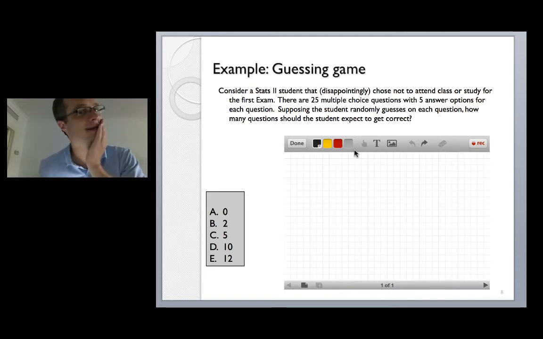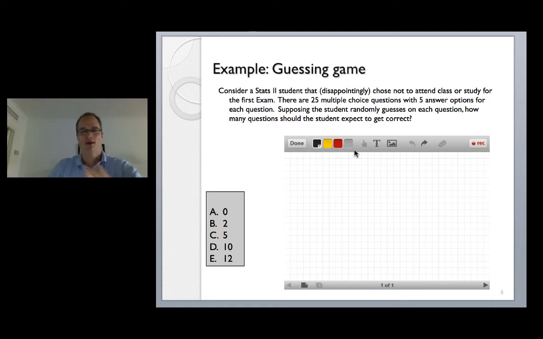Not recommended. There are 25 multiple choice questions, and 5 answer options for each question. Suppose that the student randomly guesses on each question, blindly just filling in the Scantron bubbles. How many questions should the student expect to get right?